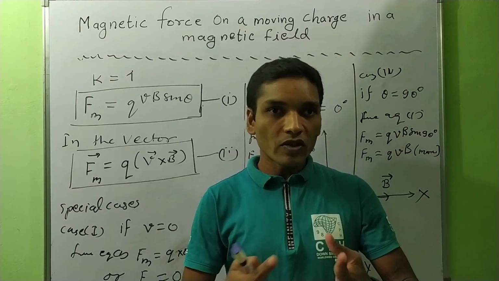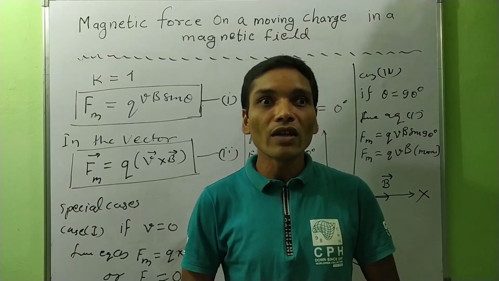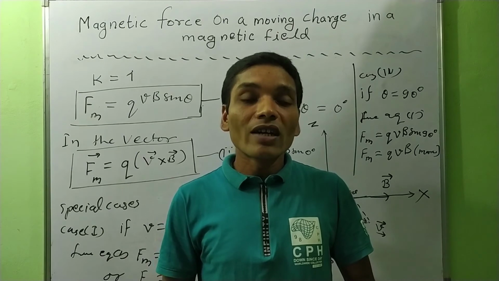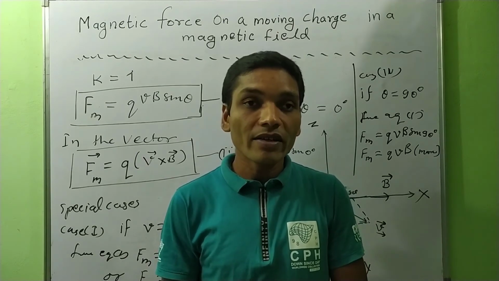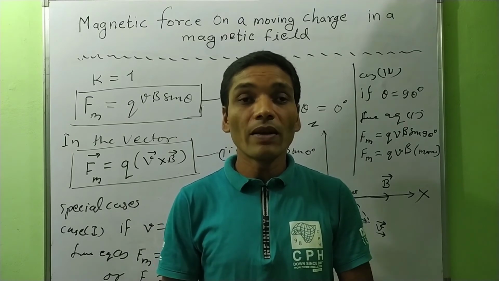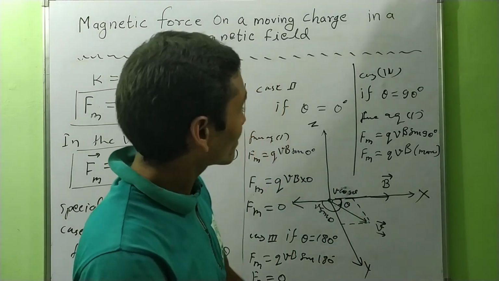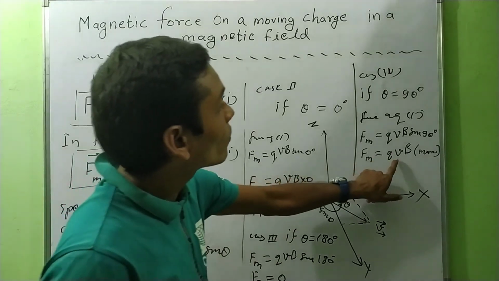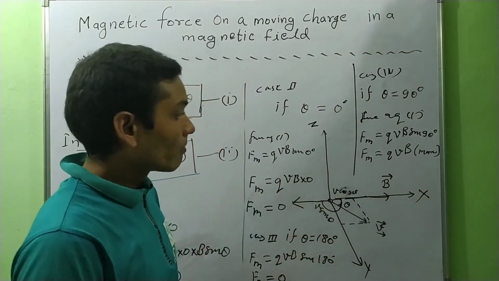If the charged particle is moving perpendicular to the direction of magnetic field, then the magnetic force on the charged particle will be maximum, and that is equal to qvB.